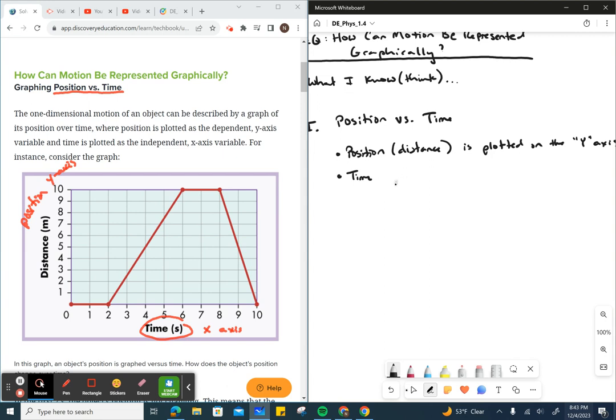Time is plotted on the x-axis. You should pay attention to the units here, right? Meters for your distance and seconds for your time, keeping in line with the metric system, right?